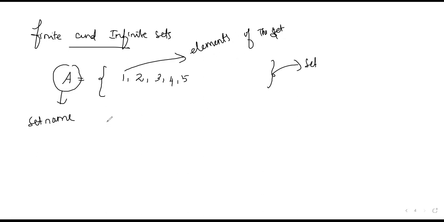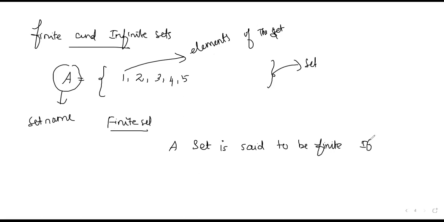Now I'm going to define a finite set. A set is said to be finite if it has a finite number of elements.